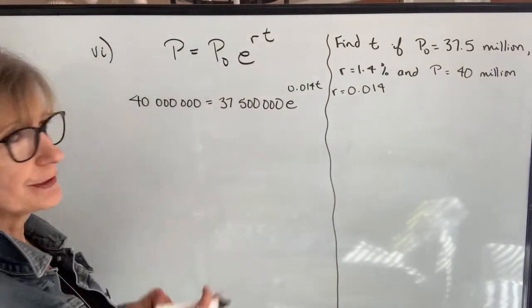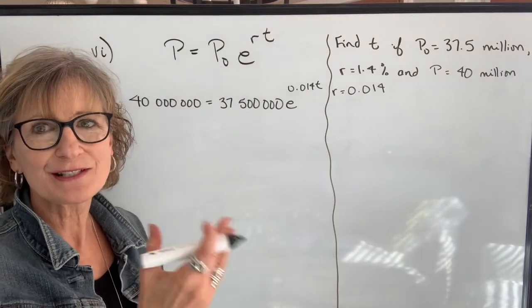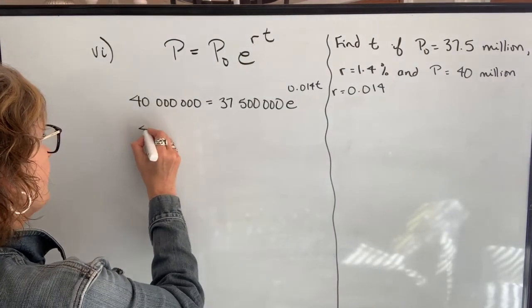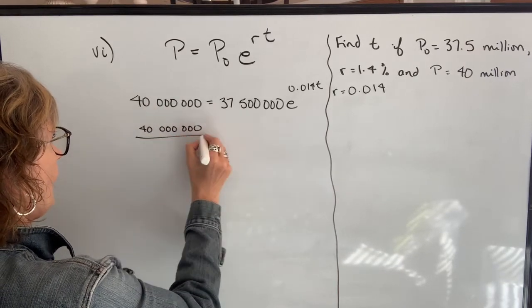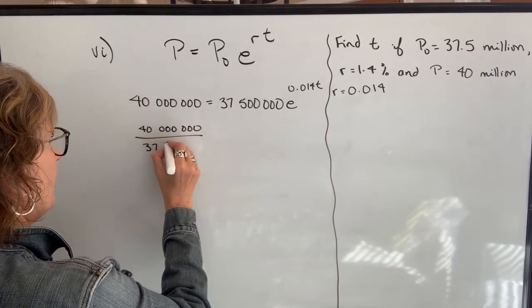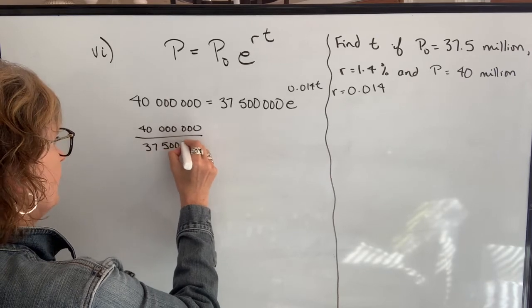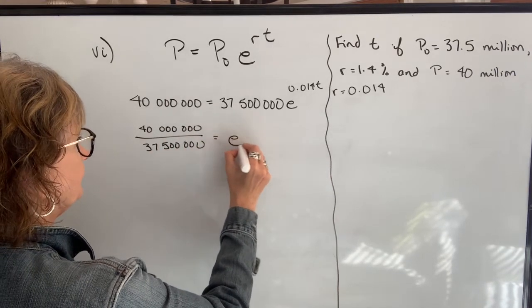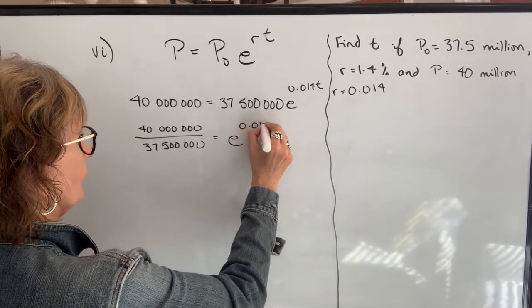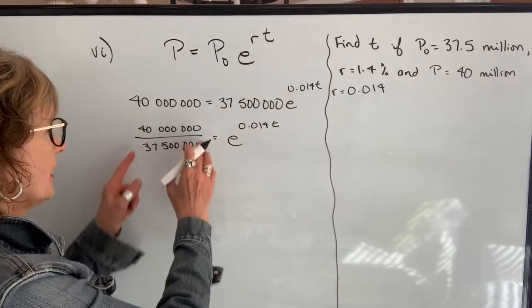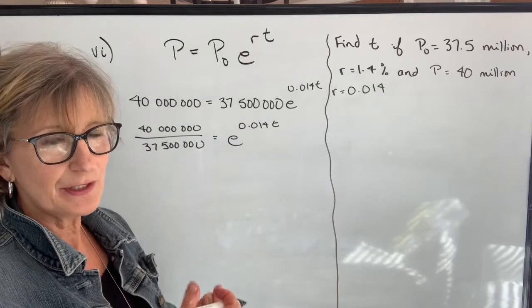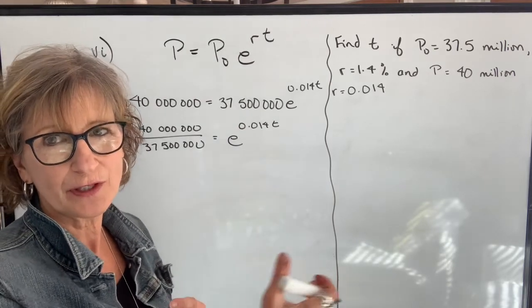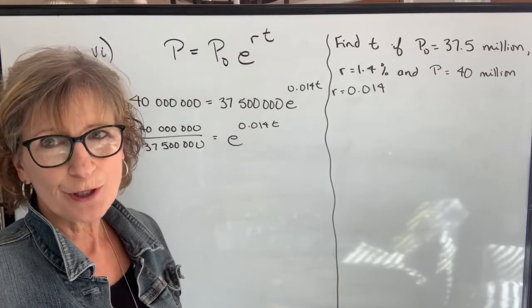I don't want to start dealing with logs at this point. I want to simplify. So I'm going to divide both sides by 37.5 million. When I do that division, it's not a nice even number. It's a long decimal value. And I don't want to start rounding off at this point.